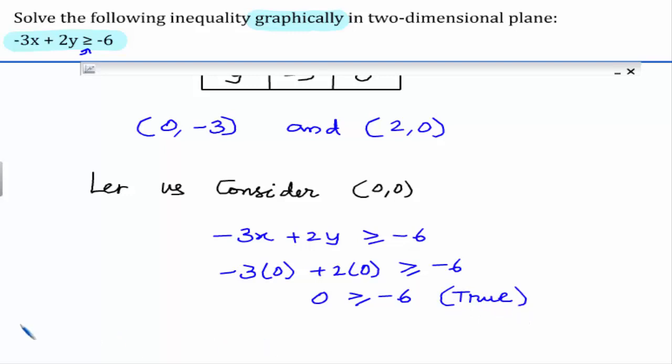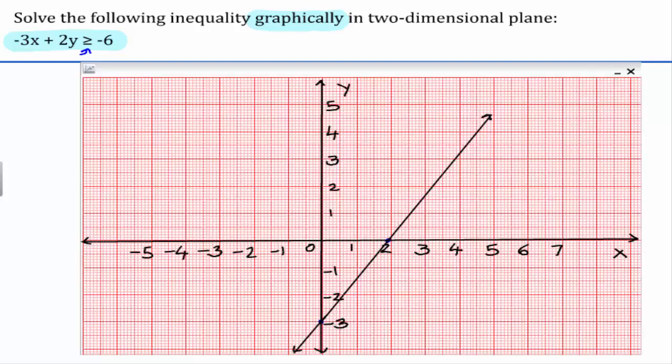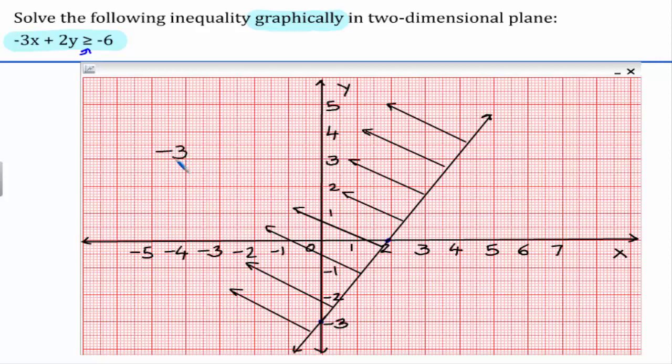So therefore the point origin is included in the region. That means the inequality region should be towards the origin. So the solution region of this inequality is towards this. So the inequality is minus 3x plus 2y greater than or equal to minus 6.